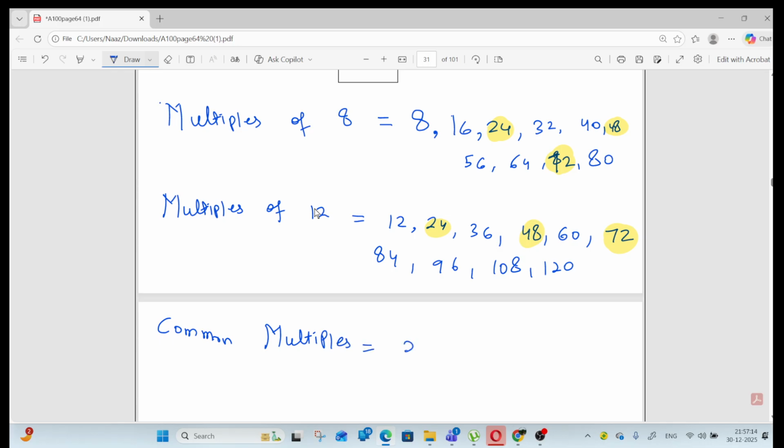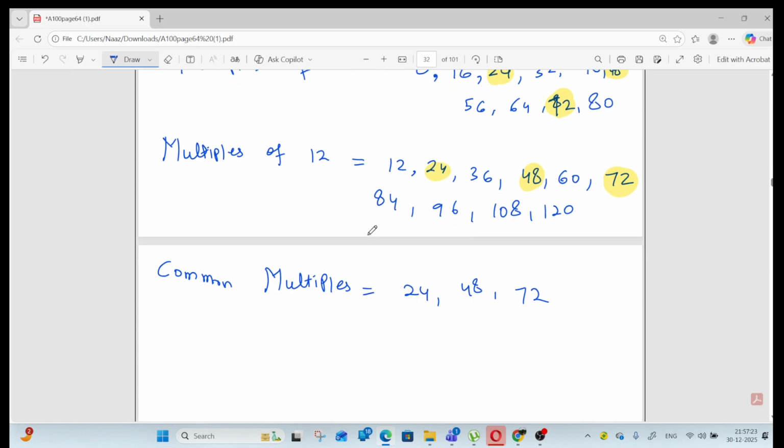So these are the common multiples of 8 and 12: 24, 48 and 72.